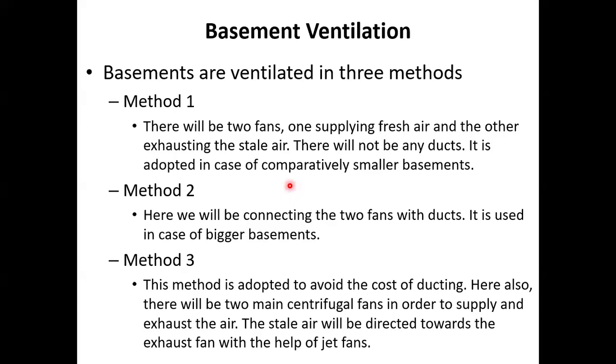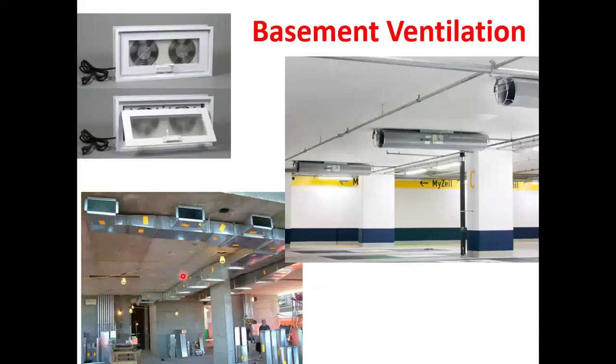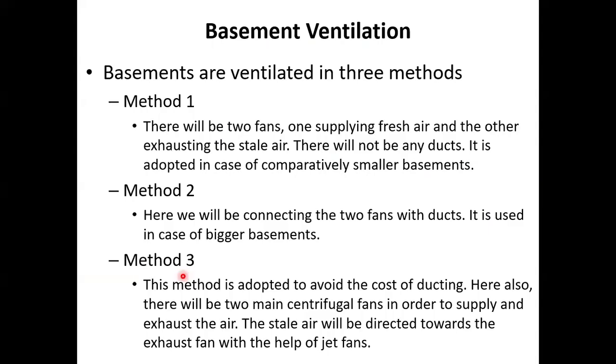And with the same concept, if you have comparatively bigger basements, these two fans will be attached to a two-duct system like this. That means one for fresh air and the other one for exhaust air. Clear? You got the difference, isn't it?